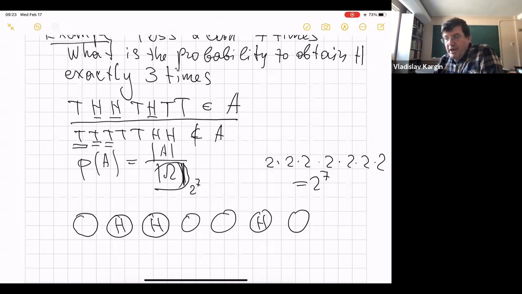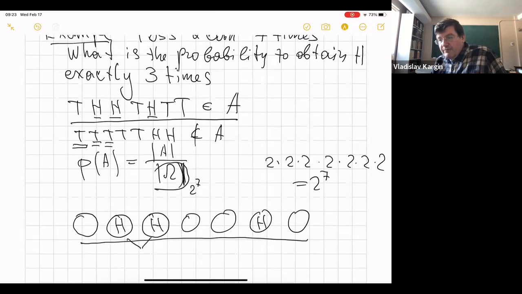Because if these outcomes belong to A, then in 3 of the tosses should be head and all others should be tail. So if I decide in which of the tosses was head, then in all others was tail. So the thing is that I need to divide these tosses into portions.